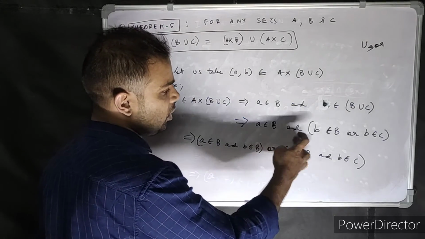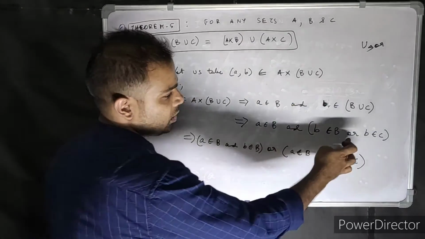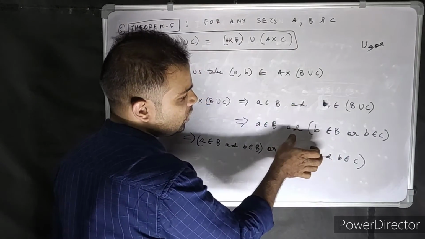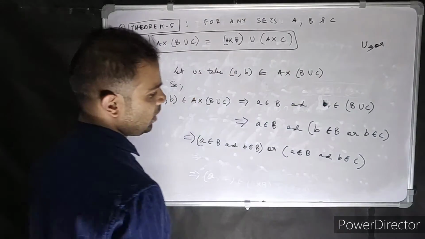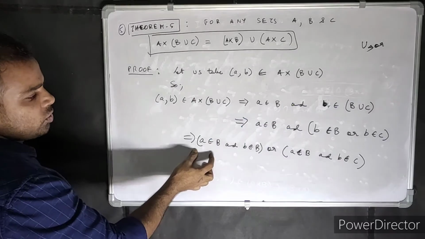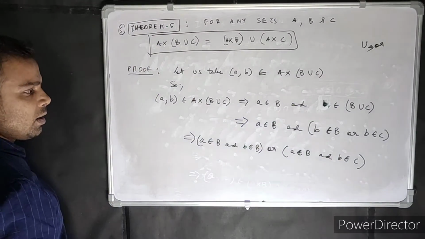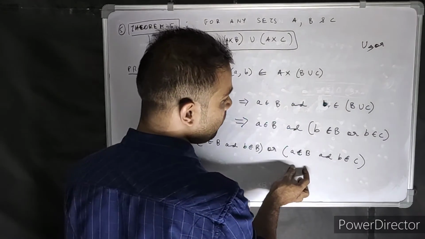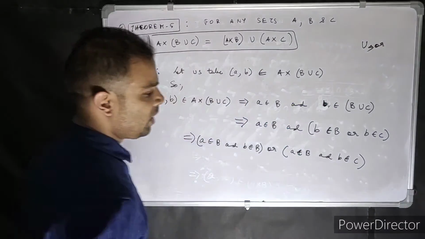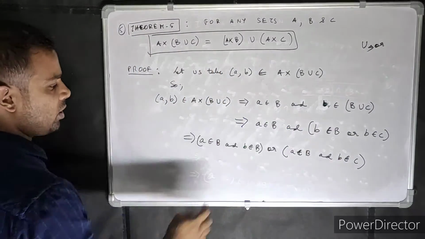This into this, this into this, and the OR comes in the middle, that's a plus. So a belongs to A and b belongs to B, or a belongs to A and b belongs to C, and the OR is in the middle.